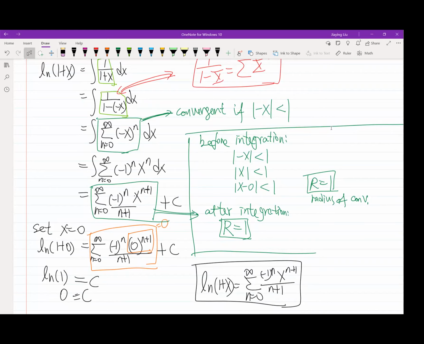So after the integration, when you're getting that r, you're still just looking at the number in front of that x? Say it again. No, I get this r equals 1 after integration directly from here, because the radius of convergence doesn't change after we integrate.